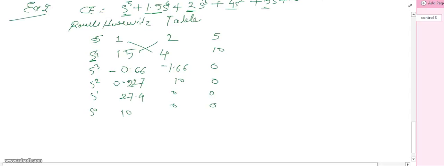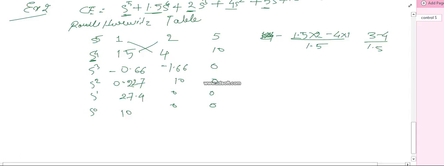Here you're getting this minus this divided by this, so it's like 1 into 4 minus 1.5 into 2, minus 4 into 1, divided by 1.5. So 3 minus 4 divided by 1.5 is equal to minus 0.66. Okay, so this is how you are getting.